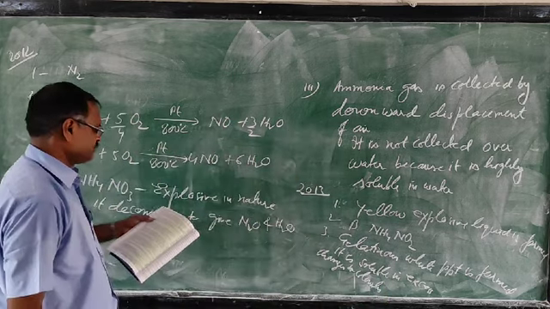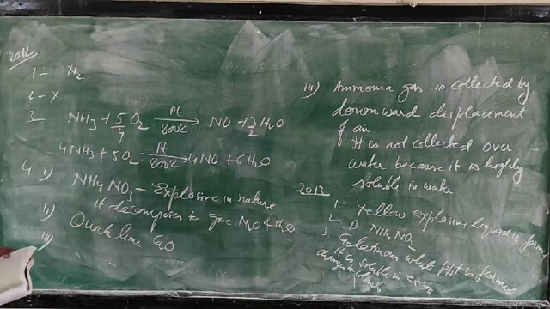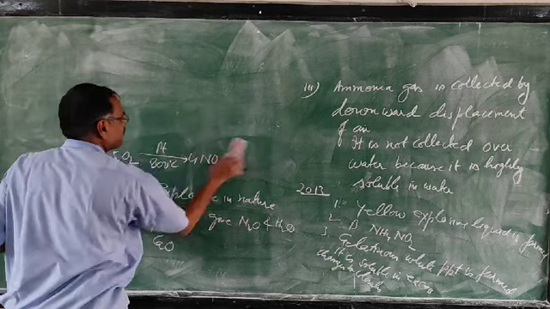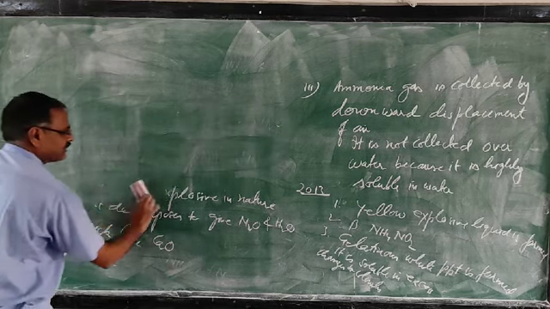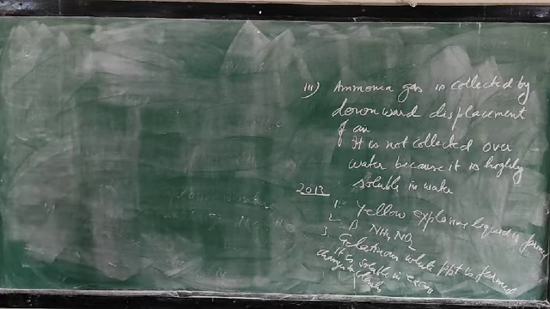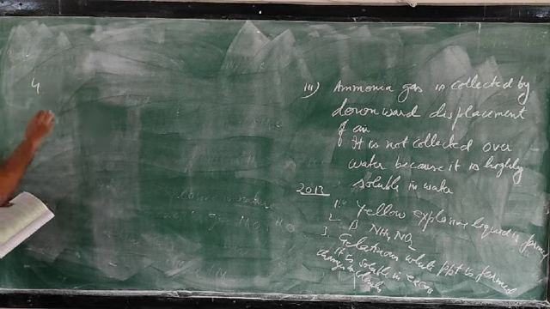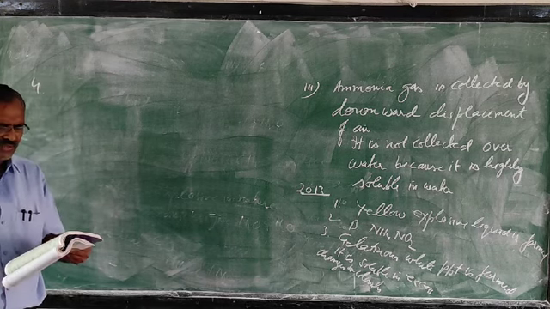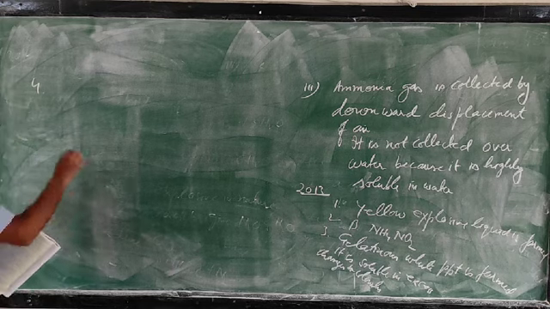Now this third one is over. Now the fourth one: give a balanced equation for the reduction of copper(II) oxide to copper using ammonia.